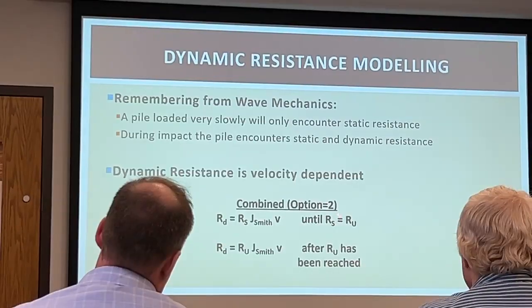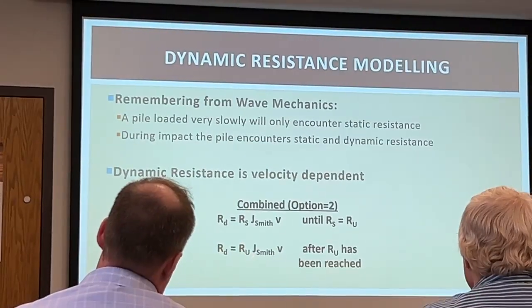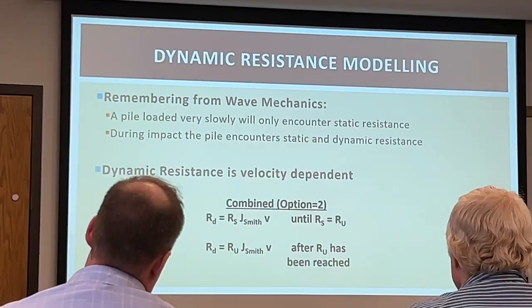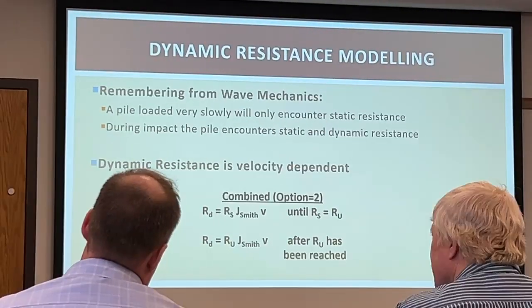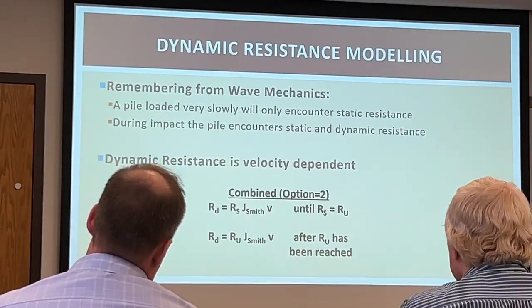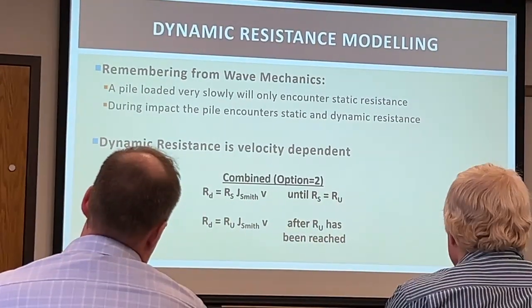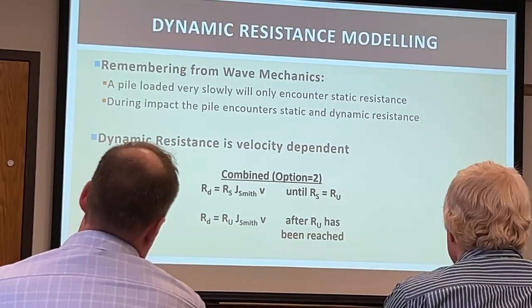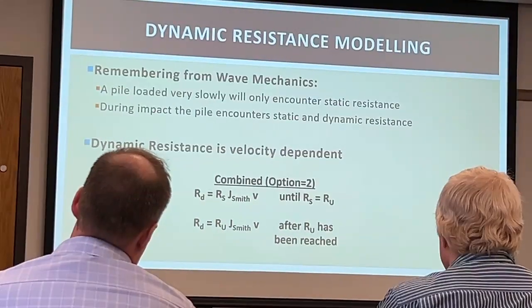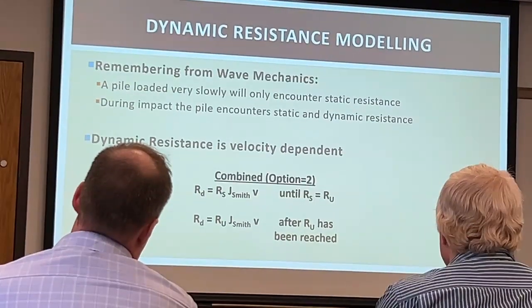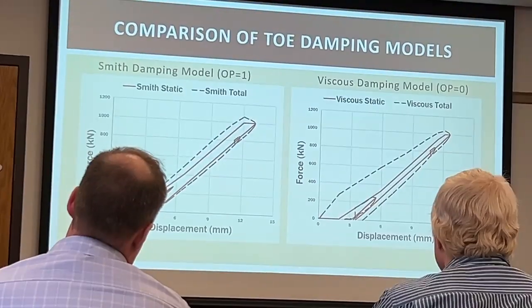And then we also have a model option that says, I don't want the mobilized static resistance, I want all of it. So that gives you a much higher amount of dynamic resistance right off the bat. So that's saying that the act of driving the pile is really disturbing things and creating a lot of dynamic resistance.